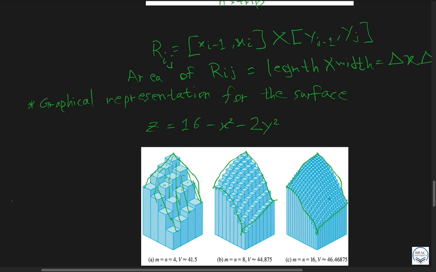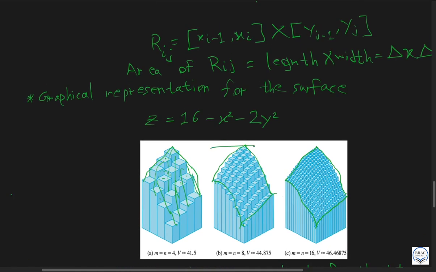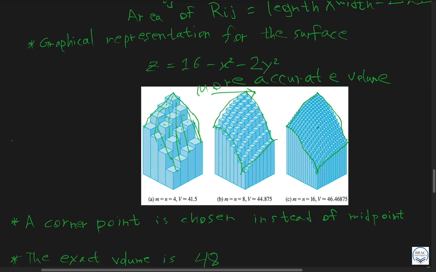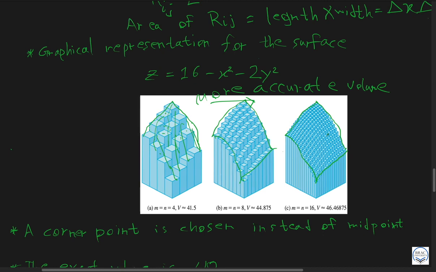Here we have doubled the values of m and n, and here we have used a lot of rectangular columns, and we can see that it seems almost as if the entire surface has been covered up, which means this will be a more accurate representation of volume than this one. And this one is more accurate than this one, so this means that as we move towards the right, we get more accurate volume.